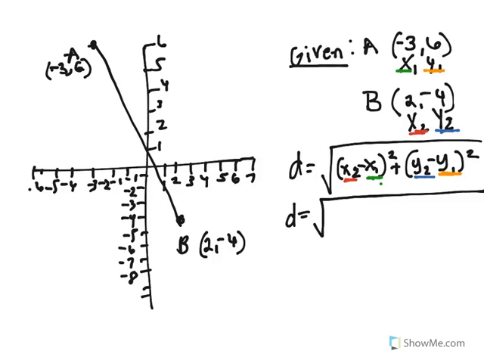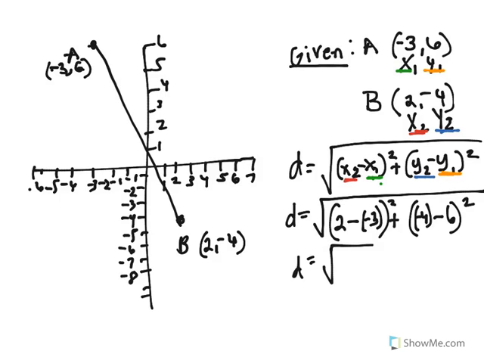So x2 is 2 minus x1 is -3. All right, and this all is squared, plus y2 is -4 minus y1, which is 6. That's squared as well.